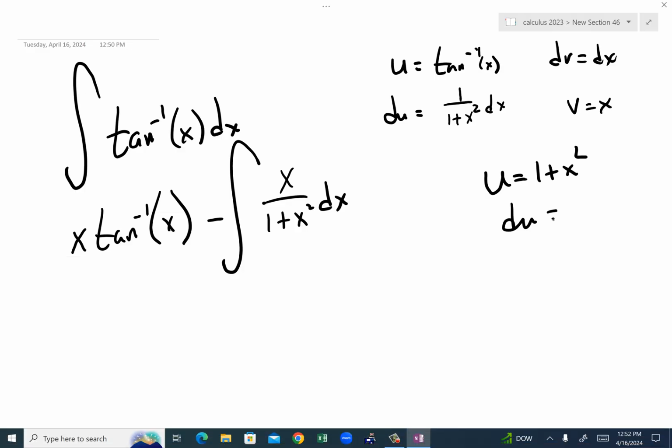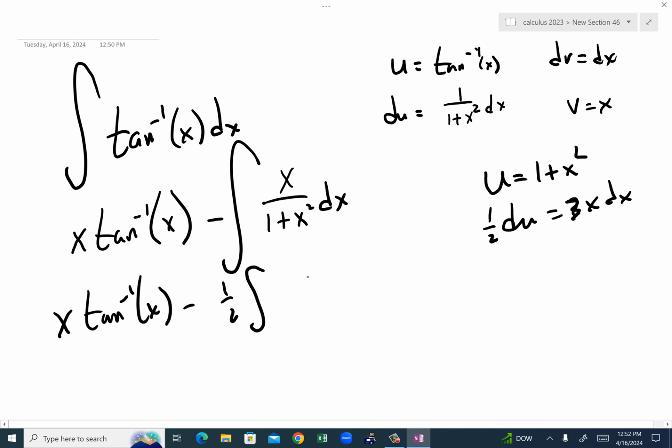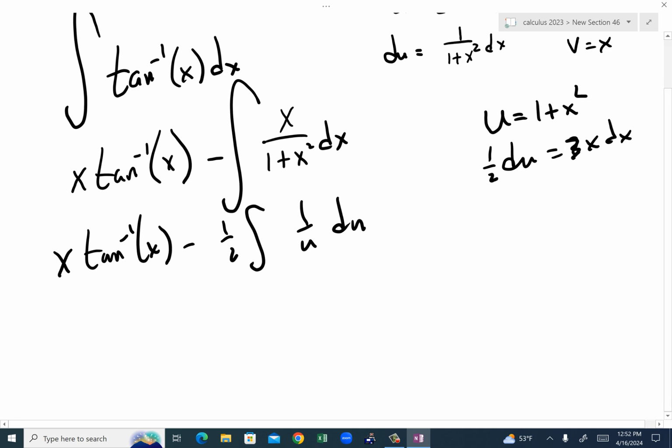du is 2x dx. I don't have 2, I just got 1. So x arctan x minus a half integral of 1 over u du. What's the antiderivative of 1 over u?